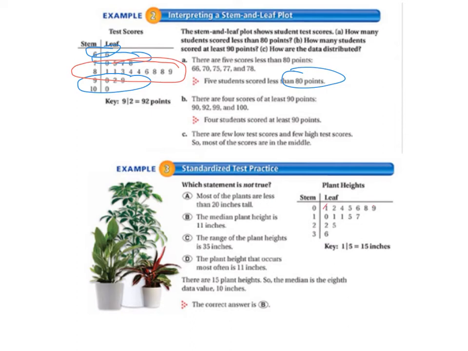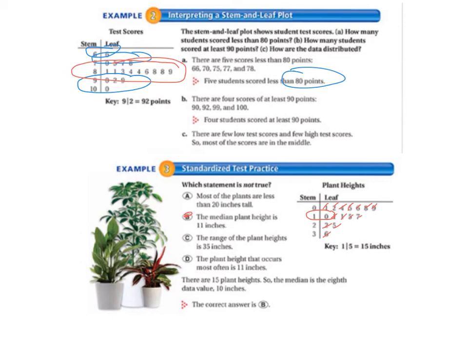We can cross out our lowest and our highest until we get to the median plant height. And that leaves us with a median plant height of 10 inches, so that would be incorrect. So we got B. But let's go ahead and check the rest to make sure that there's not some sort of glitch.